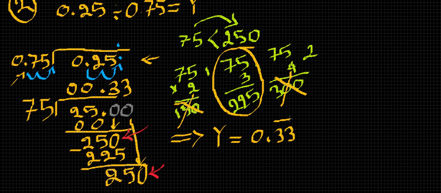The answer for this would be 0.3333 and so on. Basically this line over here is a repeating line. It indicates that the number is repeating. Now, just for your information, there is a symbol, 2 dots below, 1 dot above. That means therefore. So math has its own language. It would be therefore y equals 0.33 repeating.